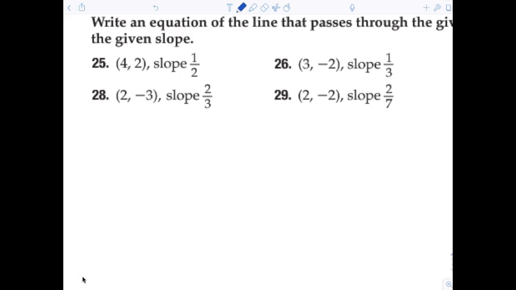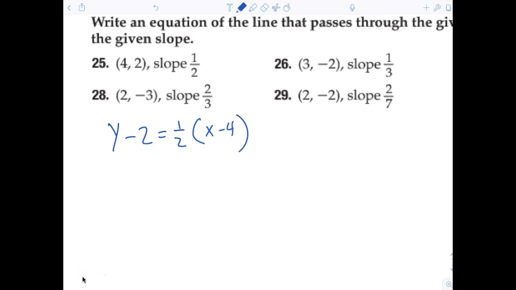Y minus 2 equals 1 over 2 times x minus 4. Okay, perfect.